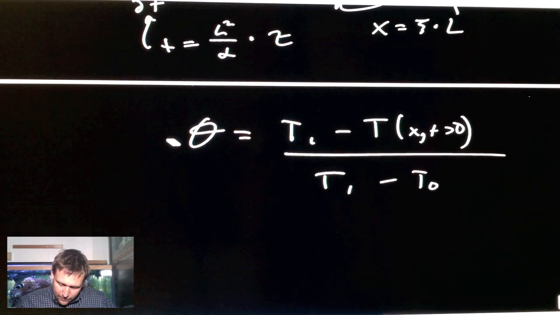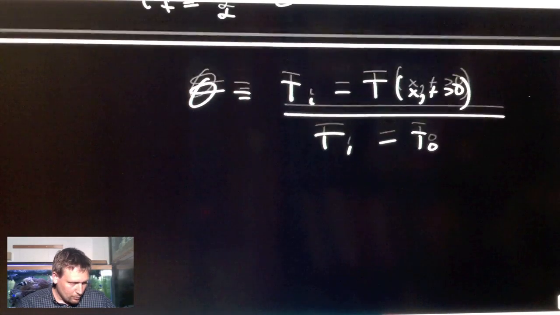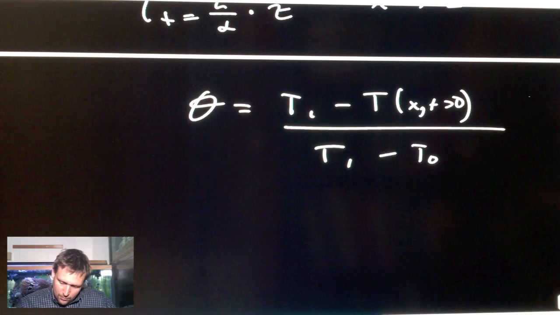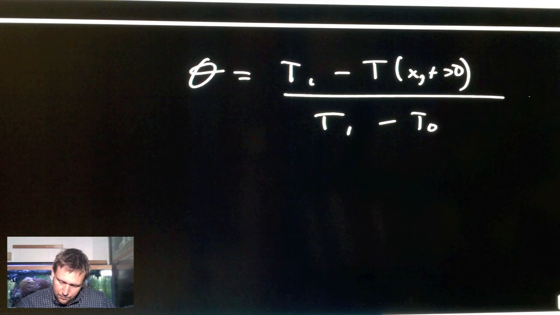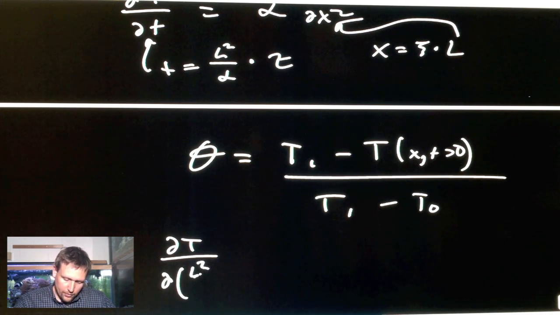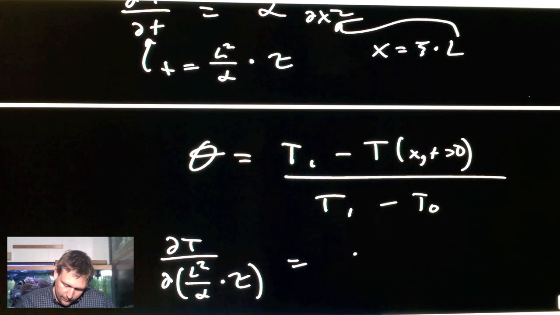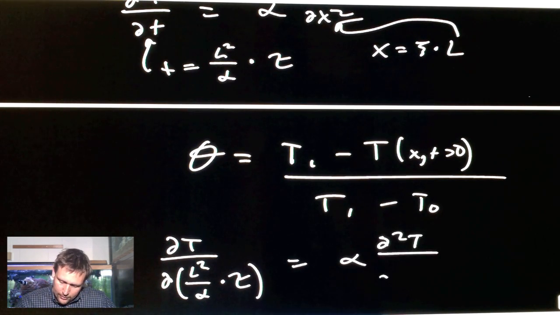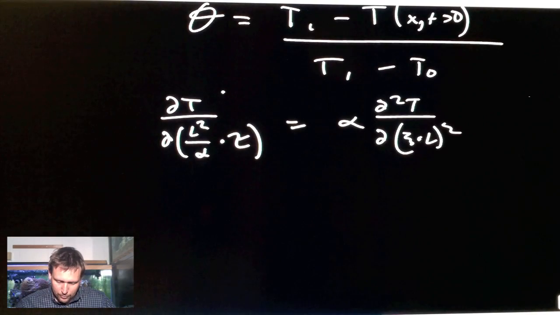In the end, after you do this substitution, let's do the first ones together, and then you can do theta on your own, because it's a little bit more work, and I don't want to bore you to death on this video more than this problem already requires. So if we substitute in our time here, we have del t over L squared over alpha times tau equals alpha del squared temperature del x squared, with x equal to psi times L. So let's multiply through.